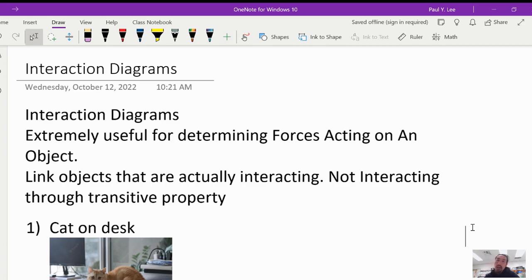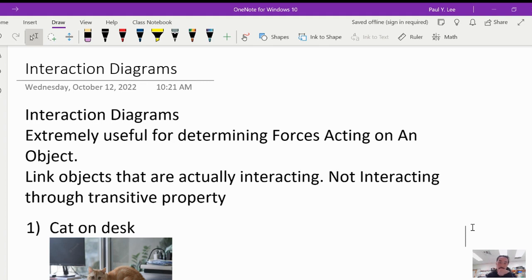They can be generalized because you're not being graded on your ability to create interaction diagrams. But from your interaction diagrams, we'll be creating free body diagrams, and those will be graded. So think about interaction diagrams like a stepping stone for you to master the free body diagrams.